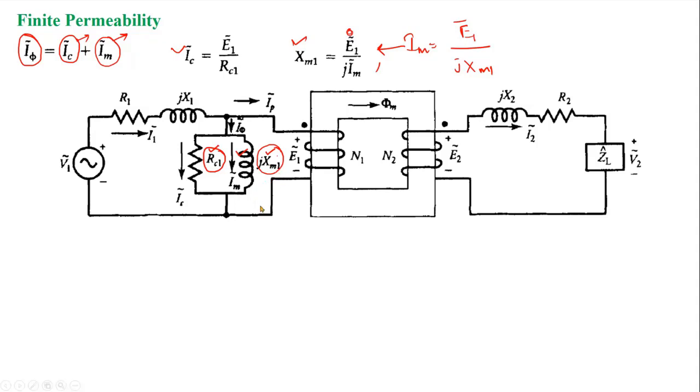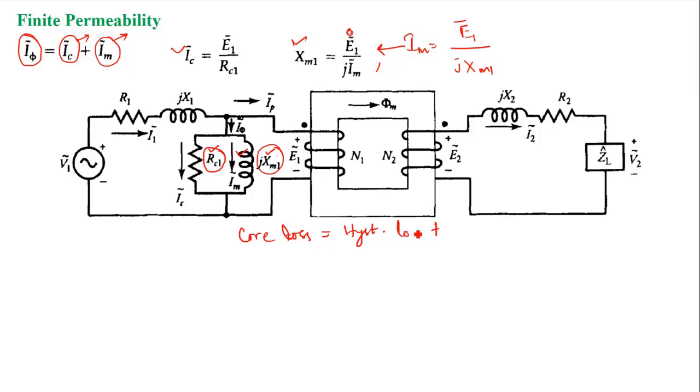Okay, so now your equivalent circuit is almost complete. All the non-idealities we have considered. R1 represents the winding resistance, X1 represents the leakage reactance, and RC1 represents the core loss component. Core loss has two components: one is the hysteresis loss, and the other is the eddy current loss.